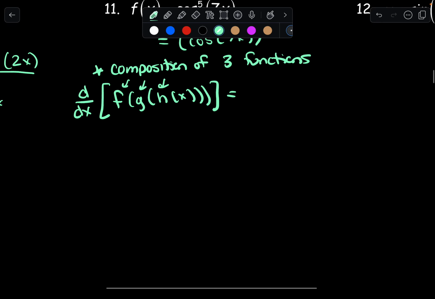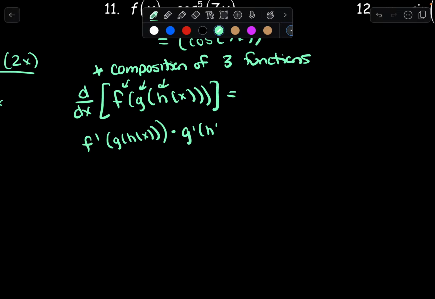So if I were to expand this, that means I'll have f prime of g of h of x times, I took f prime, now I'll work my way into g prime of h of x. And then I worked my way in again, so now we'll go to h, which is h prime of x. So we're using the chain rule 3 times.